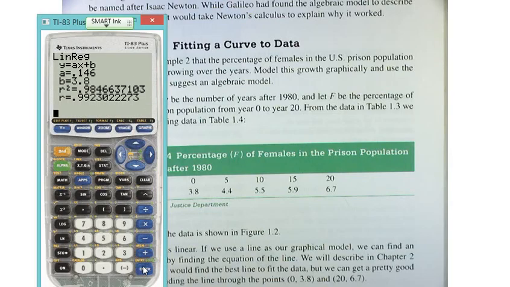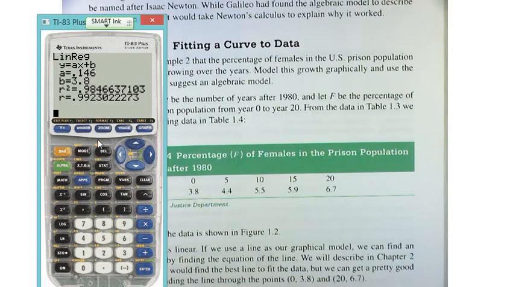Hit enter. Now my R squared value, that's a pretty high correlation. It's 0.98. It's kind of like a percentage. It's not exactly a percentage, but it's like saying 98% of the points are on the line. It's kind of that way, but that's not really what it is. It's really a measurement of distance from the line. And the closer this is to 1, the better. Okay?